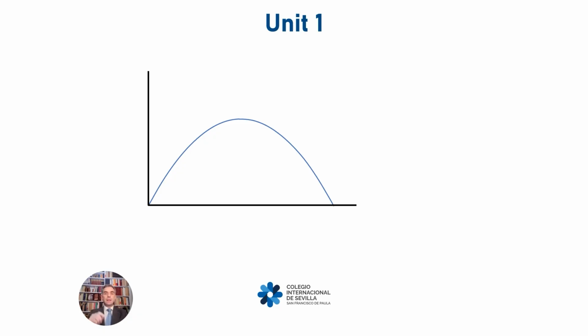Let's see what this means in practice. So let's have our reference system where we are going to analyze step by step what happens with the motion of the water jet. We start the water jet with a given orientation above the horizontal axis, and we represent that initial velocity with the red arrow in the image.